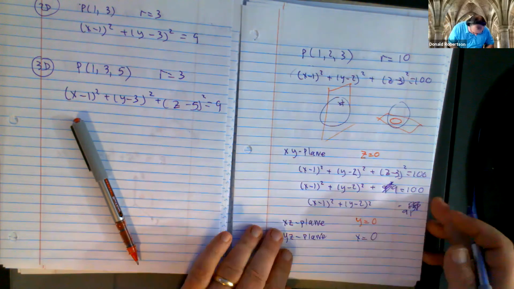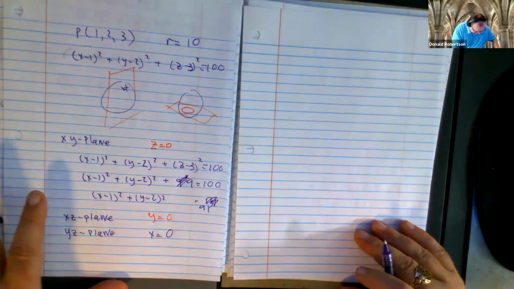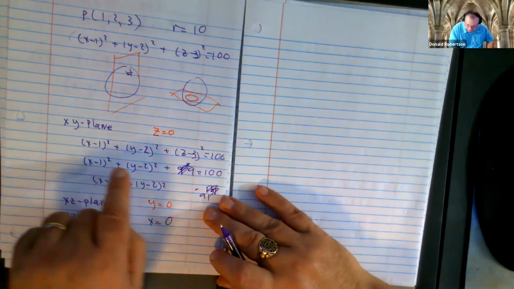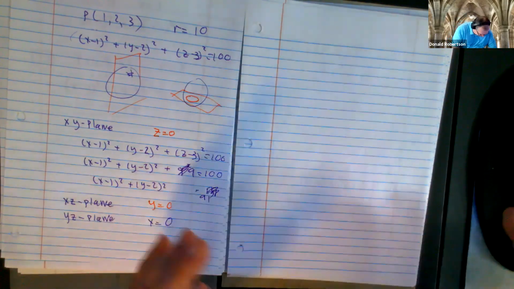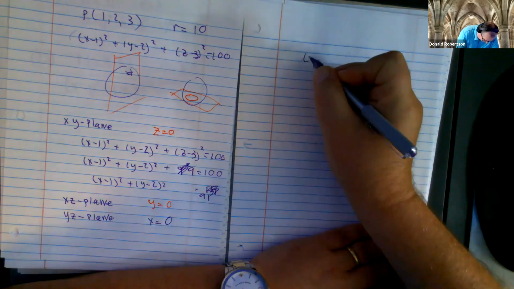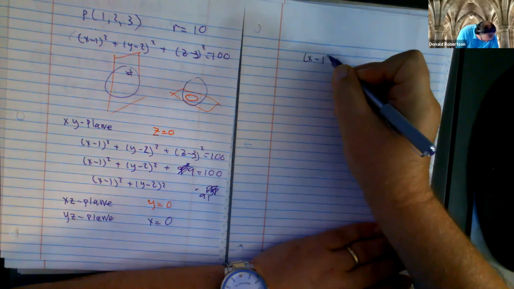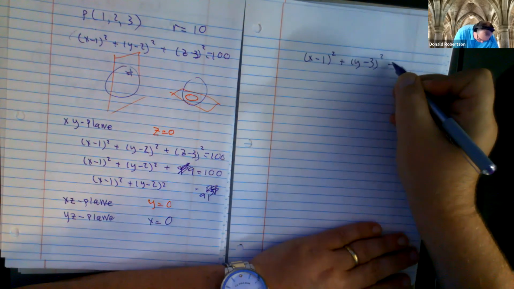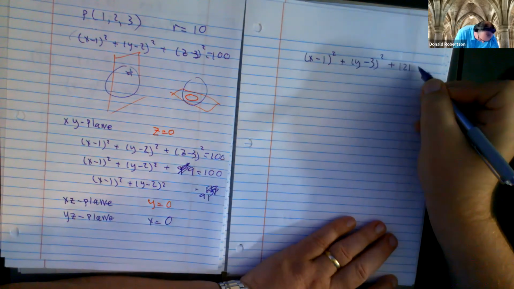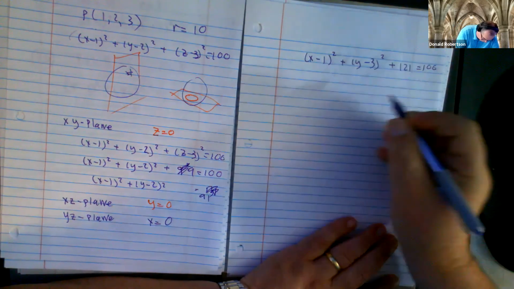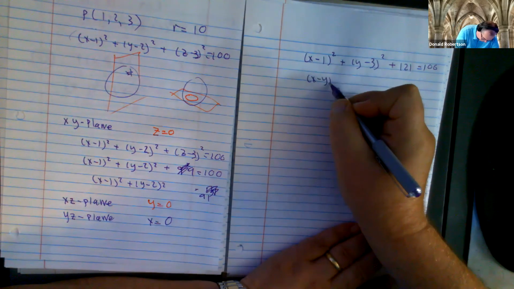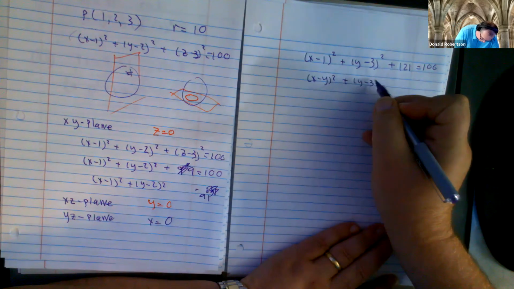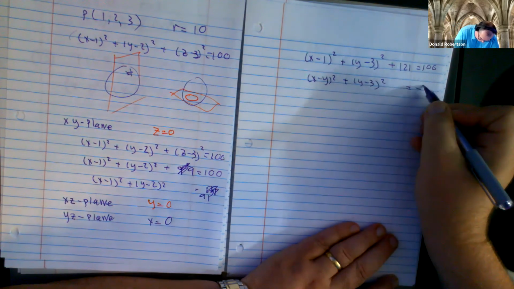It could happen that I do one of these questions, making the x 0, the y 0, the z 0. So pretend I get a different question and this is what I got. I got 121 equals 100, and when I tried to make it look pretty, I got that bad news.